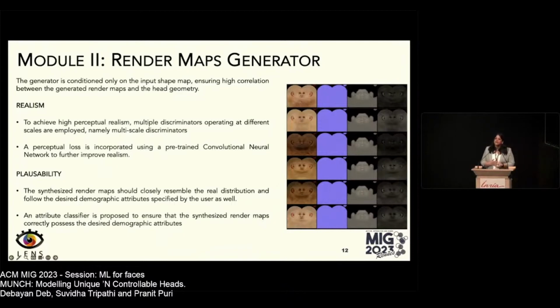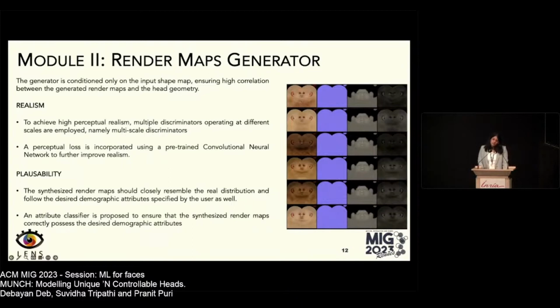We were just giving the shape maps after giving the inputs at the first module, so at the shape generator phase. And from these shape maps alone, we were able to generate the textures that looked like a female, young and Caucasian head. So our shape generator was disentangled from the input demographics.